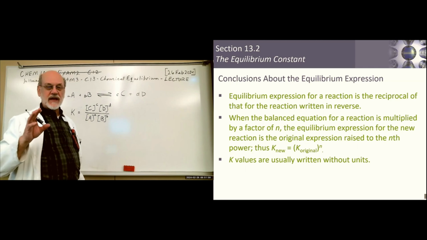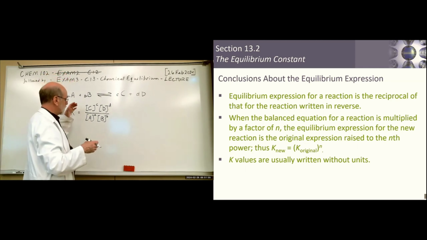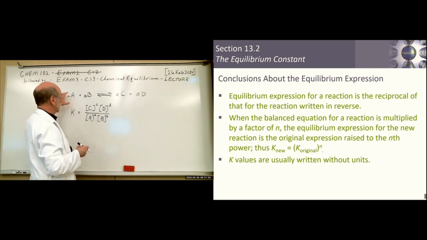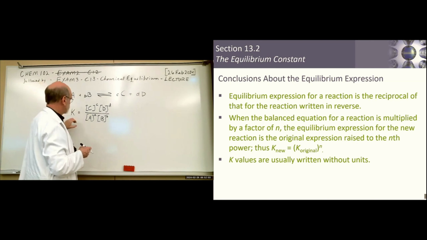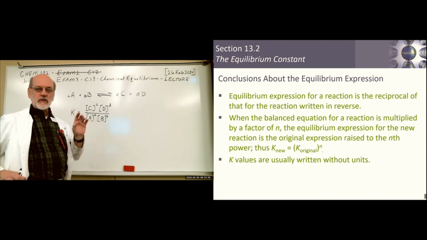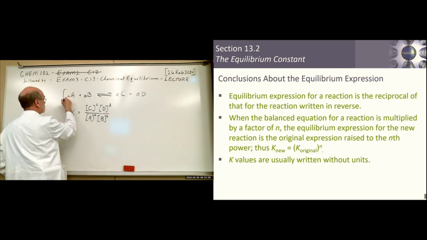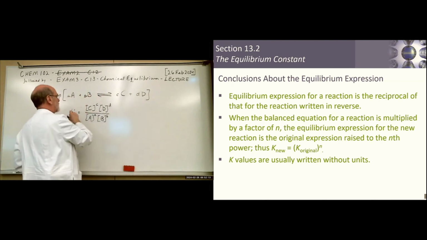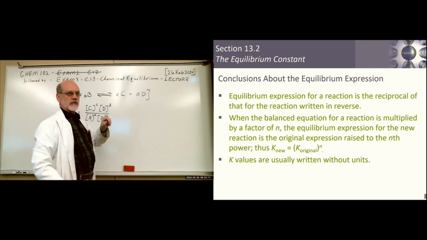Well, we need to understand what happens when you do certain things to any one of the equations. If we have a K for an equation, so this is just one step, and we're going to add this to something else. If we need to multiply this by a value, right? This is balanced, but we need 2 of these or 3 of those.